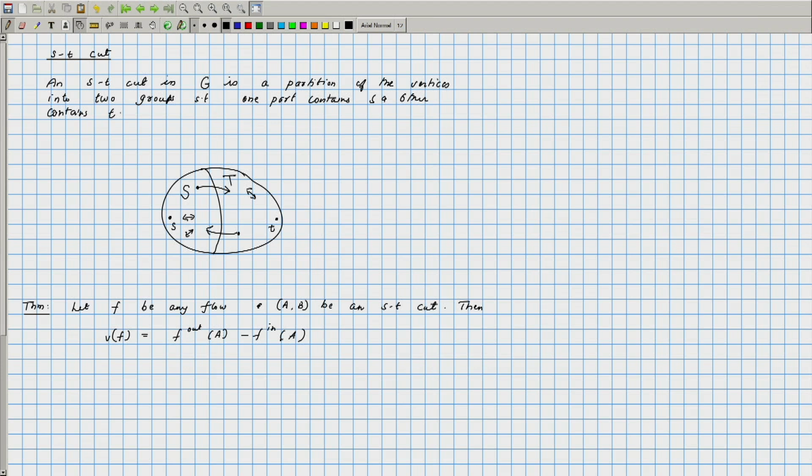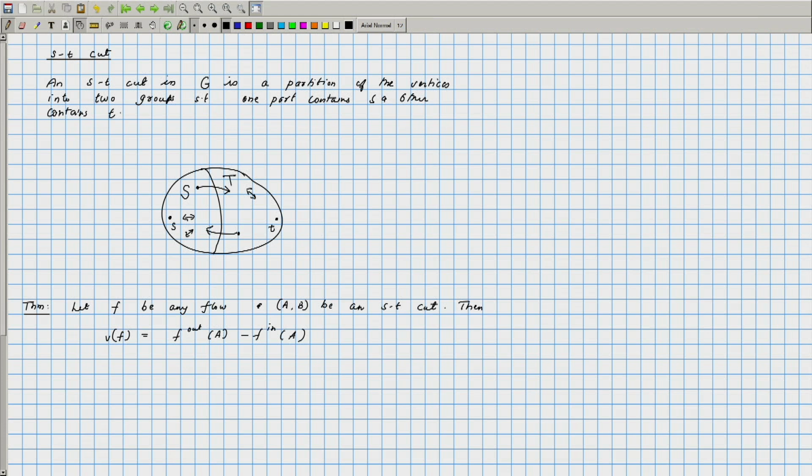So, we had defined what is f out and f in for a collection of vertices. So, f out of A is a sum over the flow over every edge that leaves A, and f in of A is a sum over the flows of every edge that comes into A, and this difference will be equal to value of the flow.